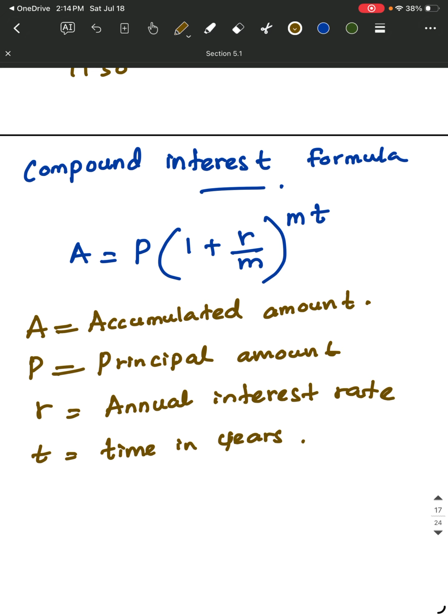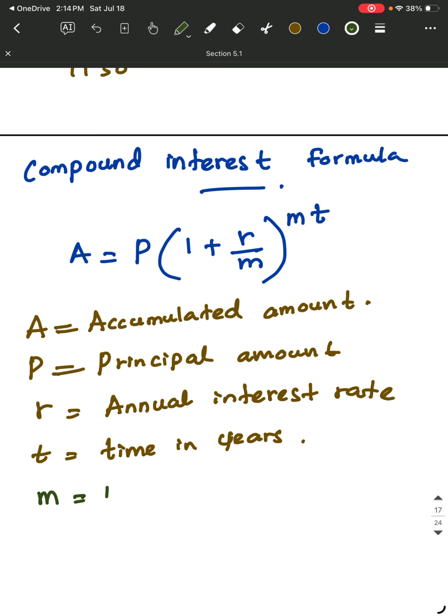The new symbol is M. So here M is the number of compounding periods per year. We discussed at the beginning the conversion period. So the number of compounding periods in each year, also known as the conversion period.